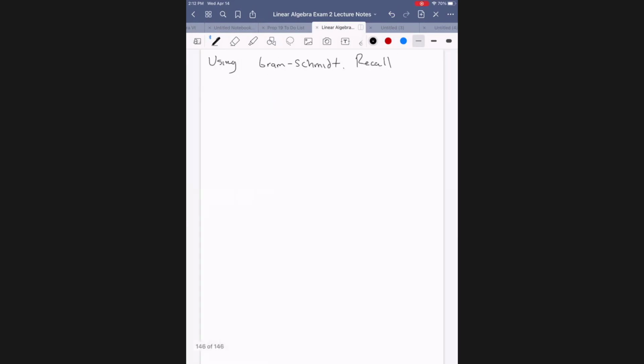Just recall that Wk is equal to Vk minus, you can write it as a sum from j equals 1 to k minus 1 of the projection of Vk onto Wj.